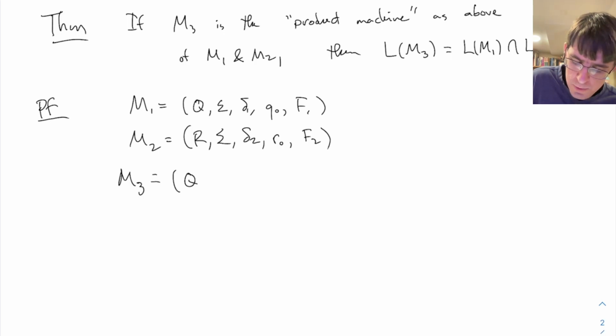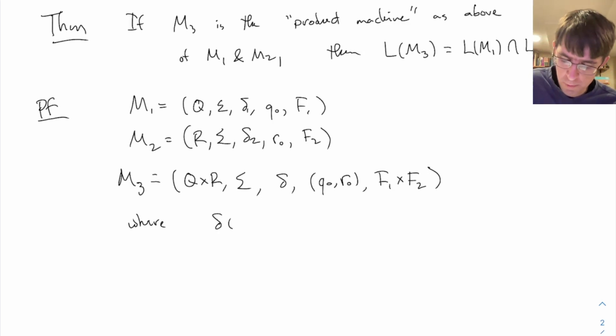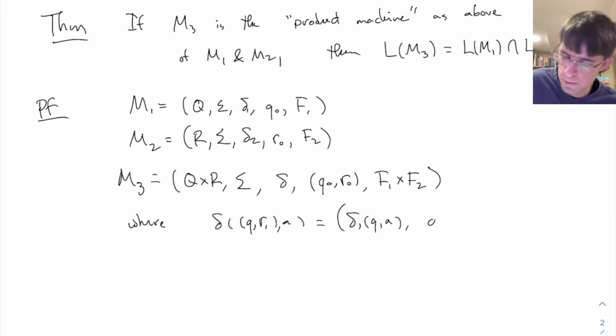That is Q cross R, sigma, delta, (Q0, R0), and F1 cross F2, where the delta, I'm just copying from what we wrote before. The delta is defined like delta of (Q, R) and A is the pair delta 1 of (Q, A), delta 2 of (R, A).